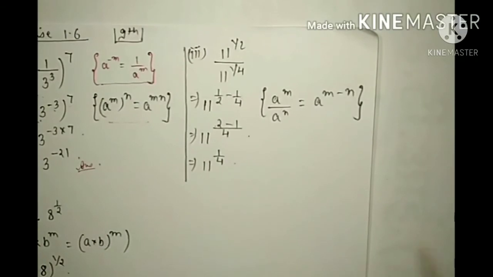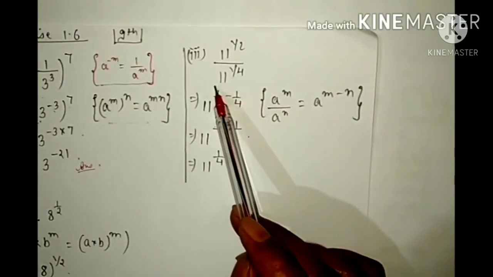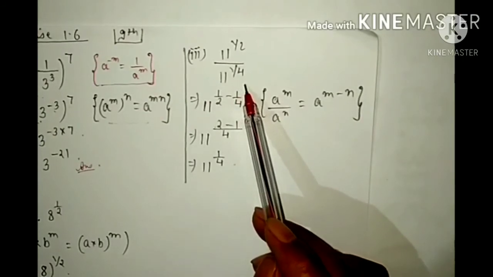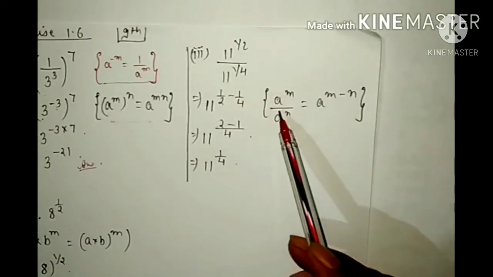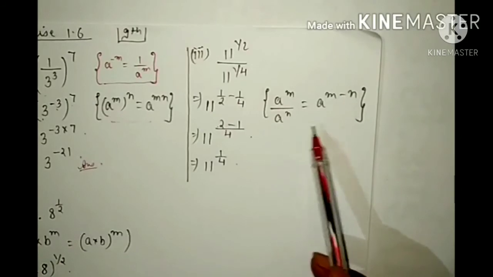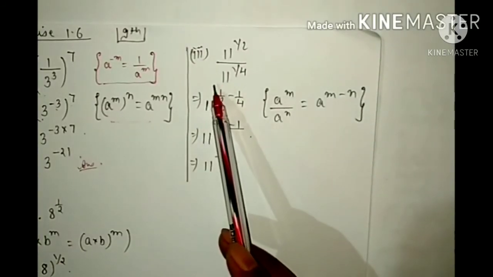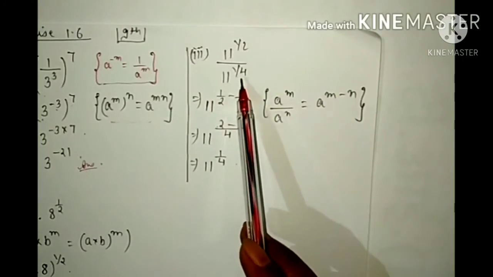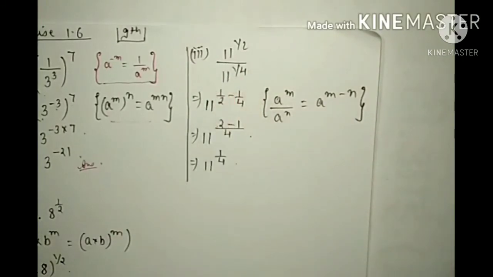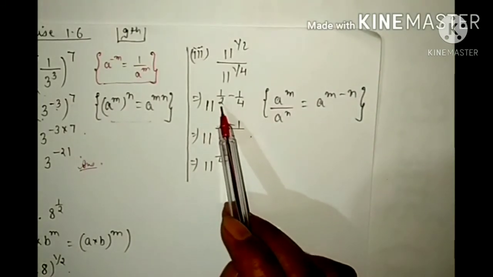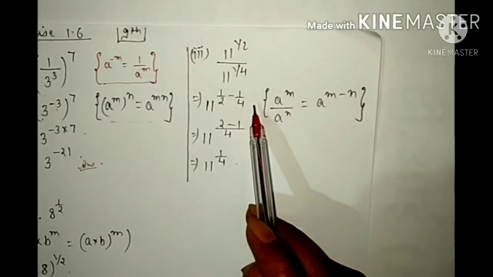Now see the third part. 11 की पावर 1/2 upon 11 की पावर 1/4. Now which law will be used? a की पावर m upon a की पावर n is equals to a की पावर m minus n. In this numbers are same and powers are different, and both the numbers are in division, so powers will be subtracted, which will become 11 की पावर 1/2 minus 1/4.